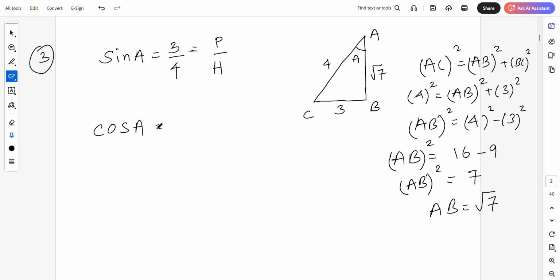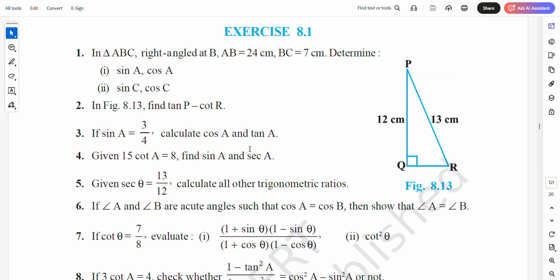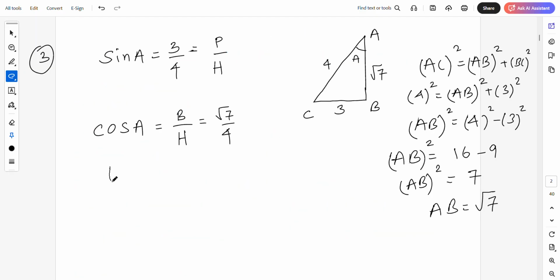Cos A. What is cos? It is nothing but base by hypotenuse. Angle A is here. Base is root of 7, and the hypotenuse is 4. So cos A is equal to root of 7 by 4. Then the other ratio to calculate is tan A, which is perpendicular by base.